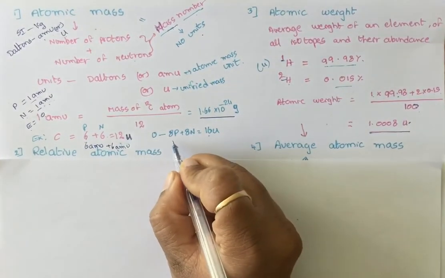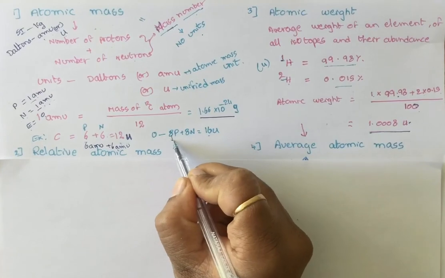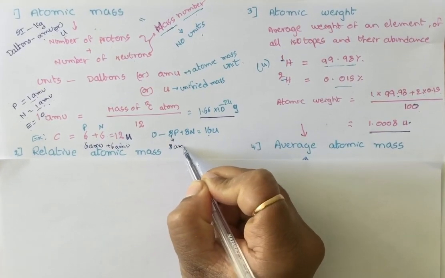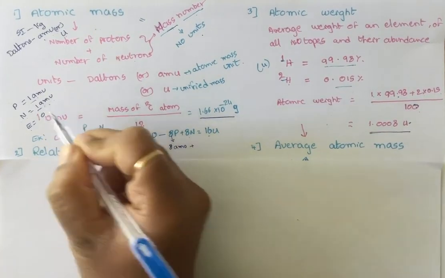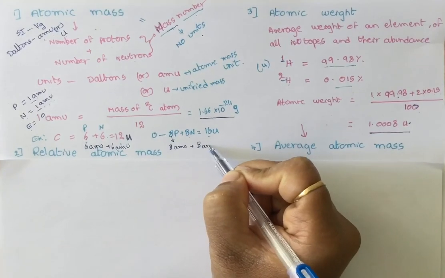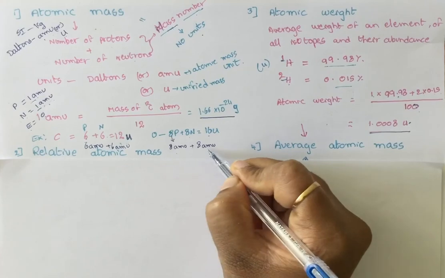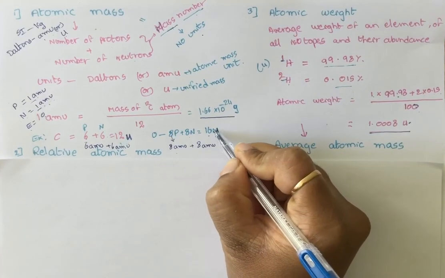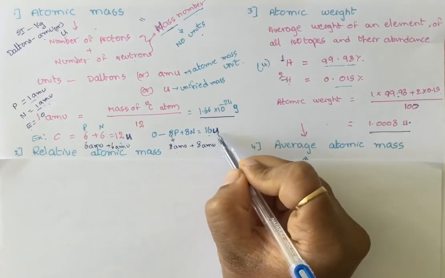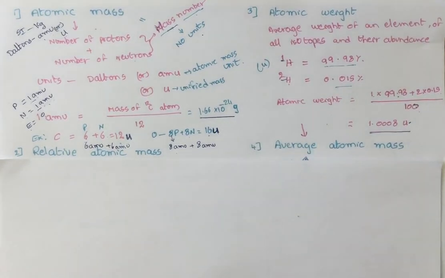Similarly, oxygen has 8 protons, meaning 8 atomic mass units, plus 8 neutrons, meaning 8 atomic mass units. Each proton has 1 atomic mass unit, so 8 protons have 8 atomic mass units. So the total atomic mass of oxygen is 16 atomic mass units, or 16 unified mass.